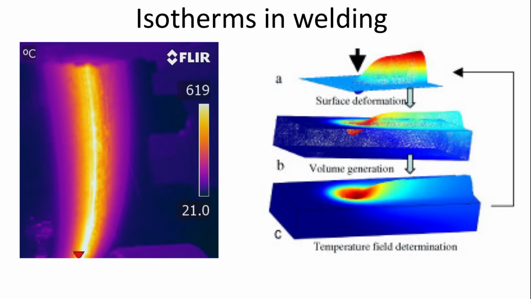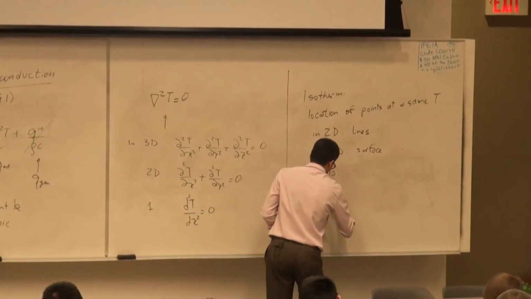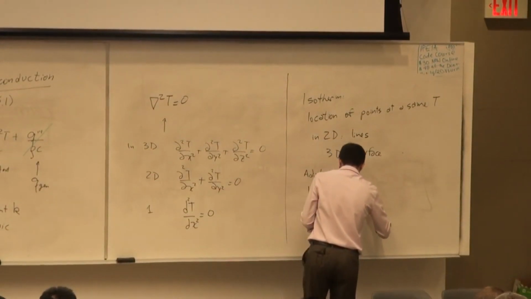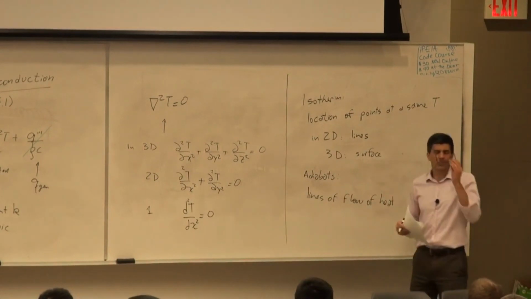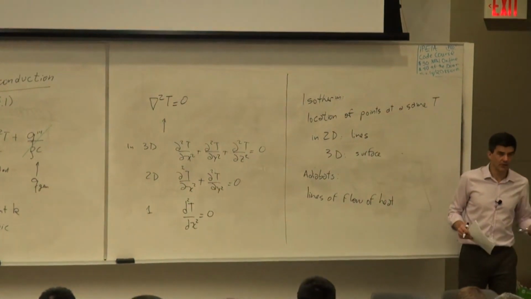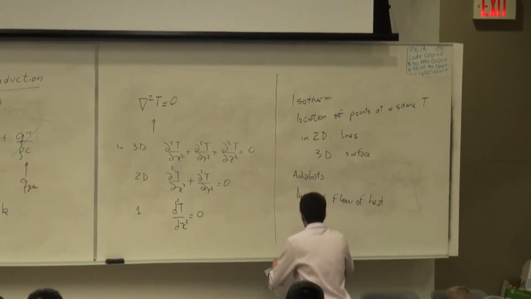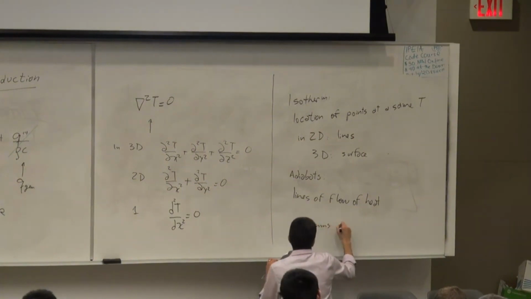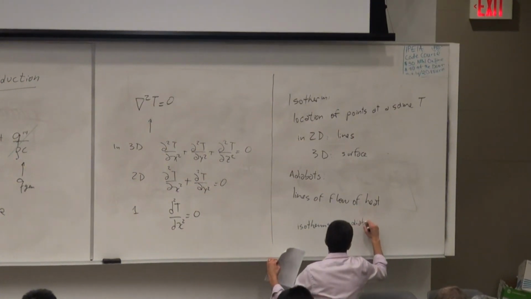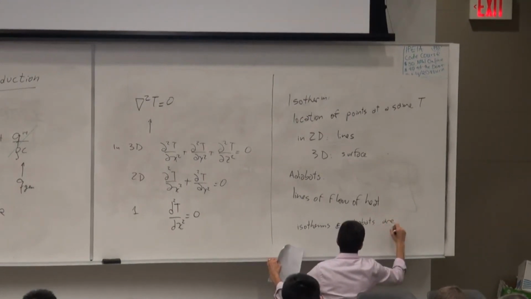Adiabats. This is probably something you have not heard before. Seldom used, but the book talks about them, and I think it makes sense to know them. You know what these are? These are the lines of flow of heat. Now, you can prove with very simple math, but we're not going to do it, that isotherms and adiabats are perpendicular.